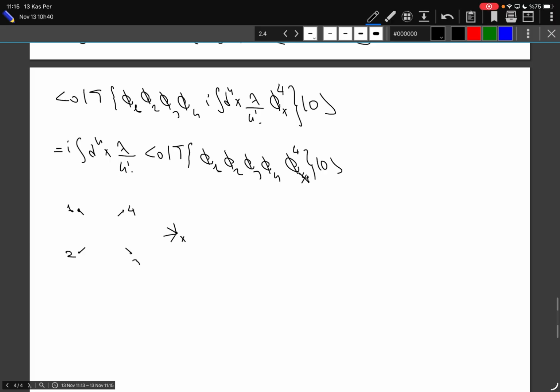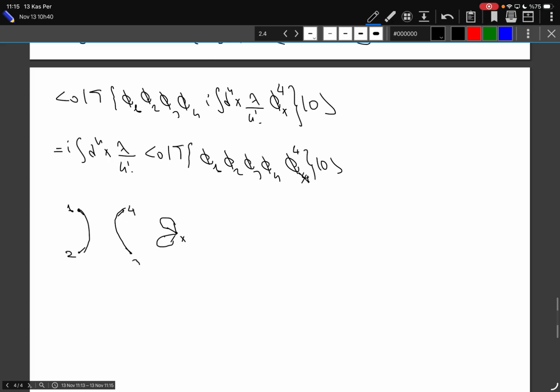Contracting fields basically means replacing them with the Feynman propagator, or in the diagram, replacing them by a line. So I have to connect all these lines together in all possible ways. Let's say I connect 1 and 2, and 3 and 4, and then I can connect these lines together.